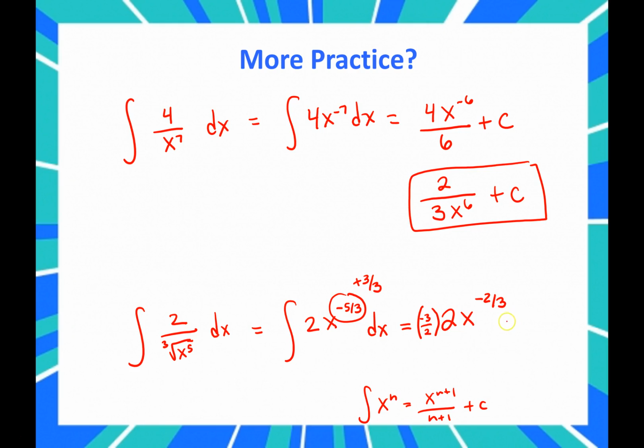All right, so what is that going to give me? I'm going to go ahead and write that as a -6 over 2. Because I just multiplied, think about this as -3 times 2 and then 2 times 1, x to the -2/3. So this is going to reduce to a -3, and then I'm going to have in my denominator, because it's negative, the cube root of x squared. And don't forget your plus c.